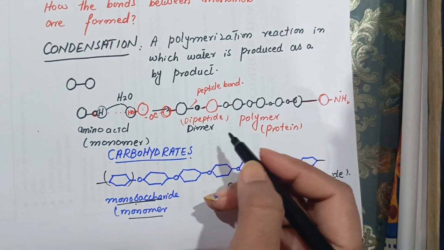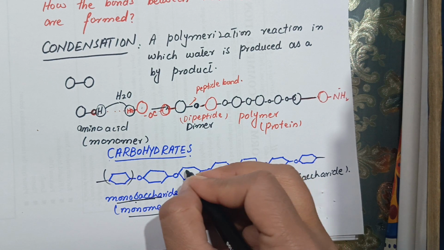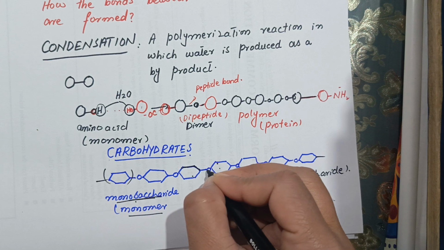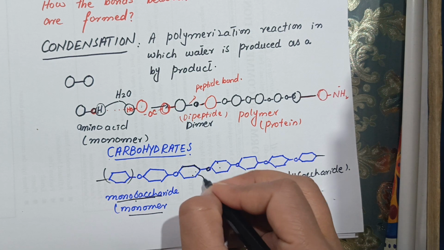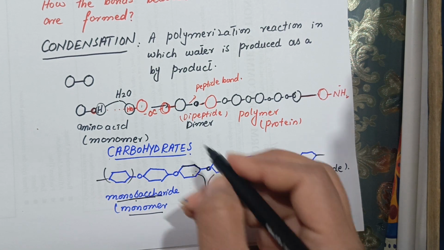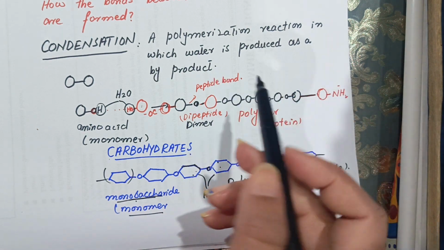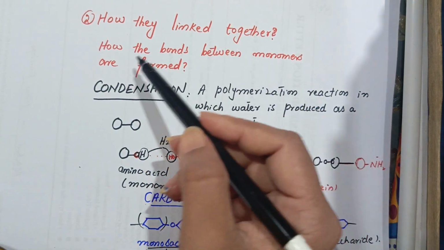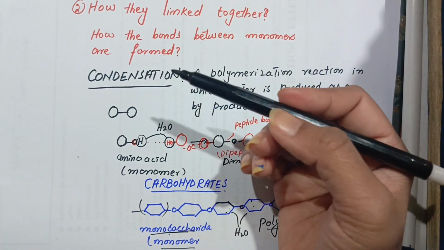This is the process. Again, whenever a monosaccharide combines with another monosaccharide, an oxygen atom will be attached between them, and a water molecule will be released, and this whole polymerization reaction is called condensation. That is the answer to how these monomers are linked together, how the bonds are formed between the monomers, and how these polymers are formed.